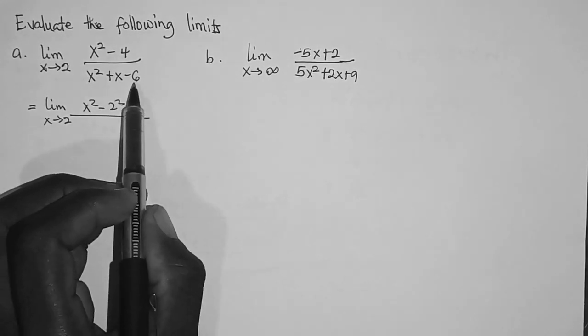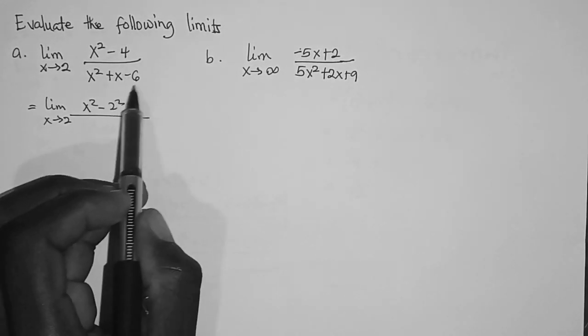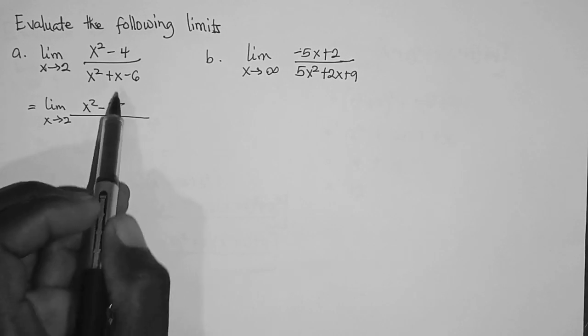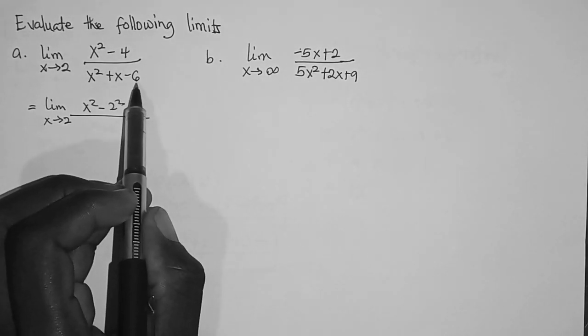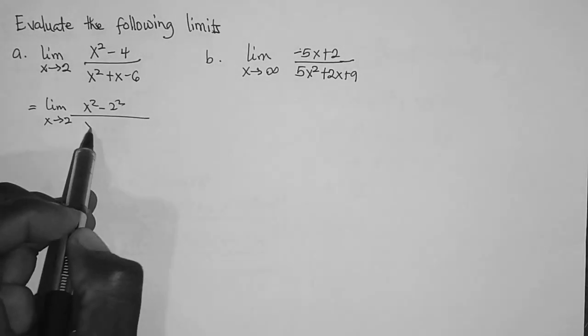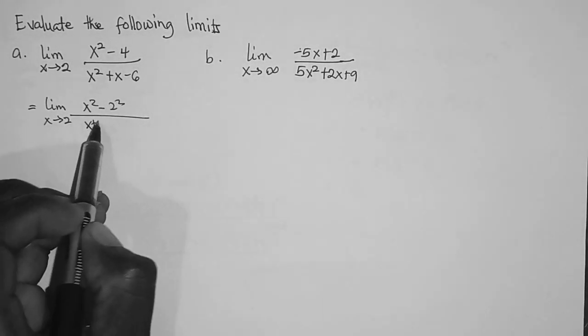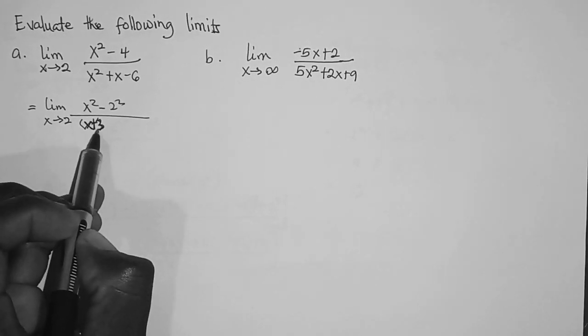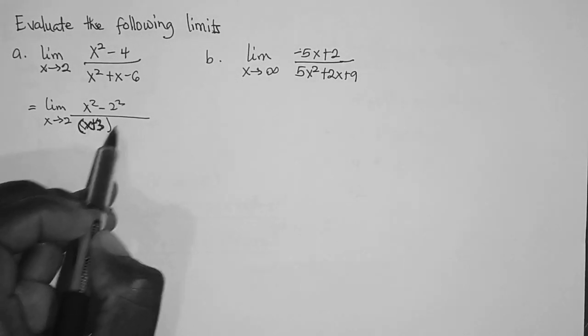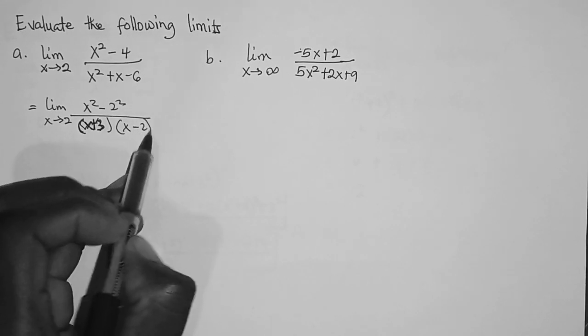You see that we look for two numbers, and when you multiply you get minus 6, but when you add you get 1. So those numbers are 3 and then minus 2. So here becomes x plus 3, and then x minus 2.